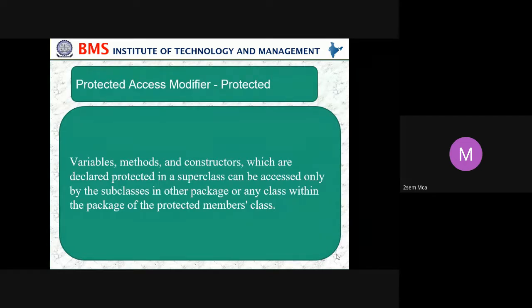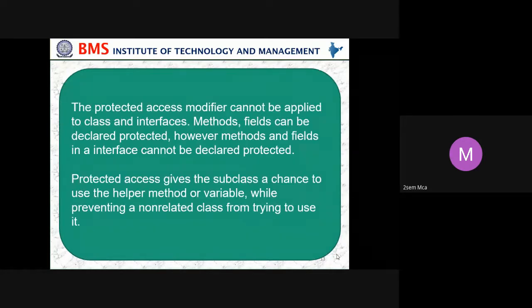So the protected access specifier: variables, methods, constructors which are declared protected in a superclass can be accessed only by the subclass in another package or any class within the package of the protected member's class. The protected access modifier cannot be applied to a class and interface.